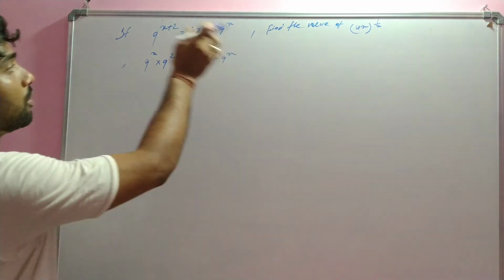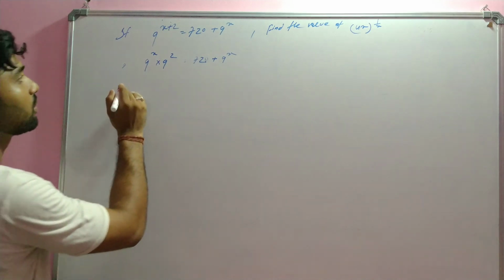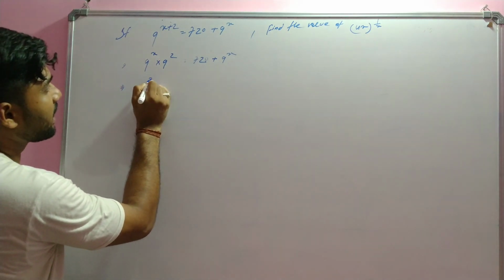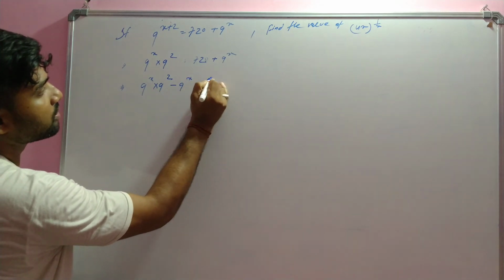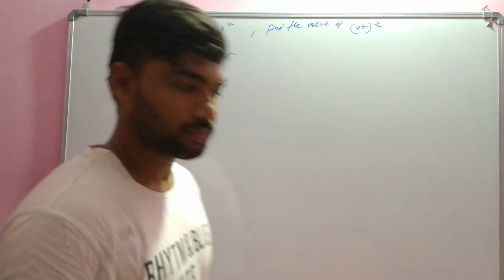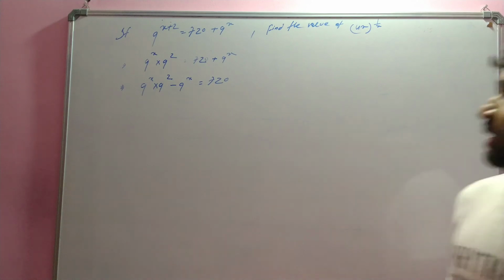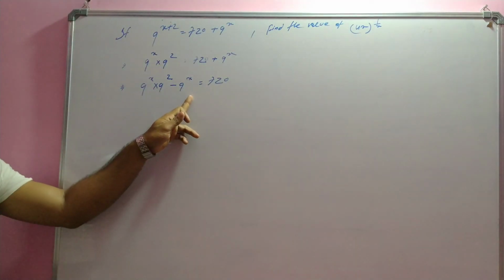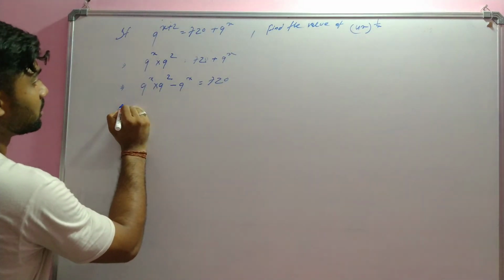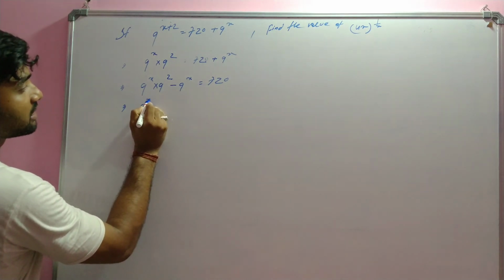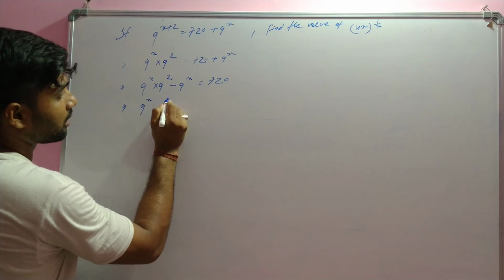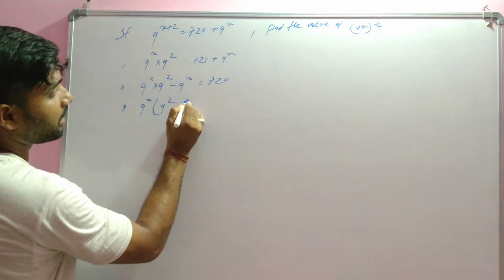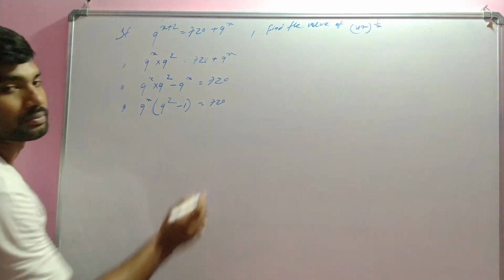If you move it to the other side, what will happen? 9 to the power x into 9 to the power 2 minus 9 to the power x equals 720. Here is 9 to the power x, here is 9 to the power x. So take 9 to the power x as common in the two terms. So it will be 9 to the power x into (9 to the power 2 minus 1) equals 720.